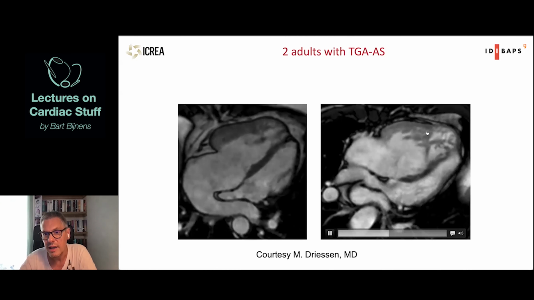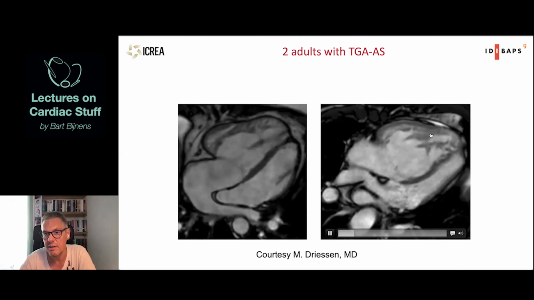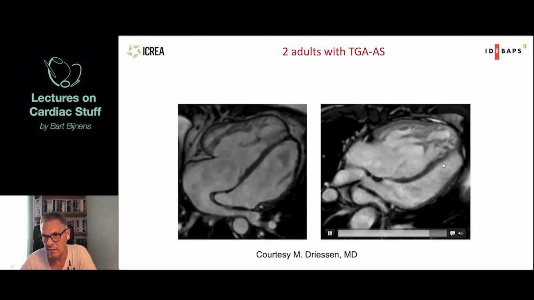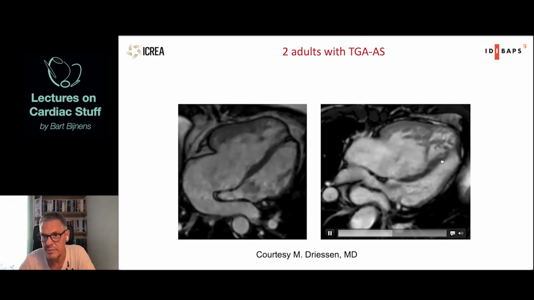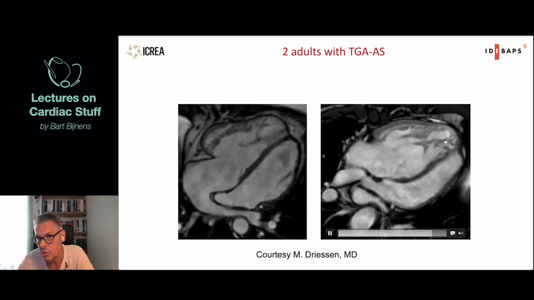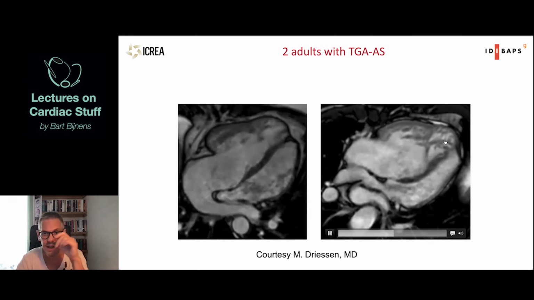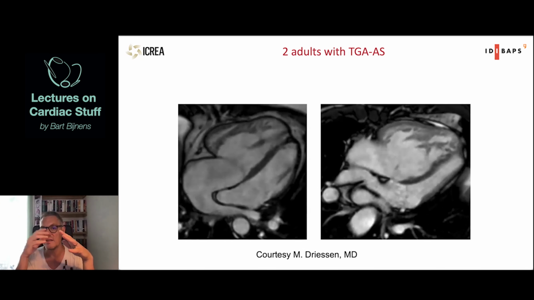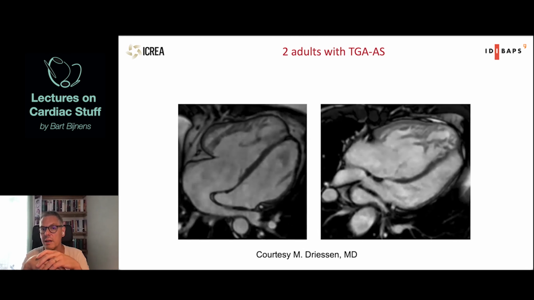And again, you see here the variability in this kind of apical trabeculations. One of the things that you also see in this case is this post-systolic motion of the apex, which is related to the combination with this large pressure loading.